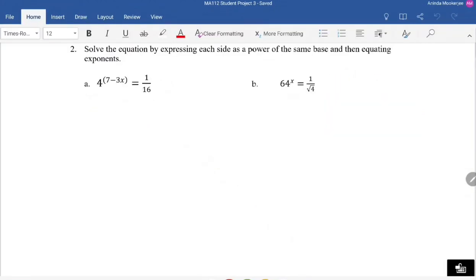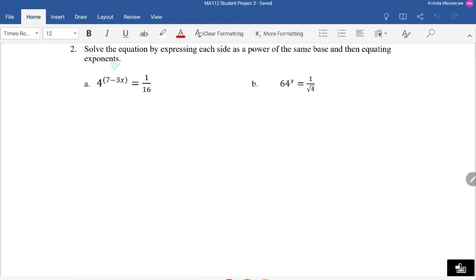Now question number 2 is about solving various kinds of equations in the exponential or logarithmic form, right? The first one we have here is 4 raised to the power 7 minus 3x. So the entire expression 7 minus 3x is the exponent, and on the other side of the equal sign we have 1 over 16.